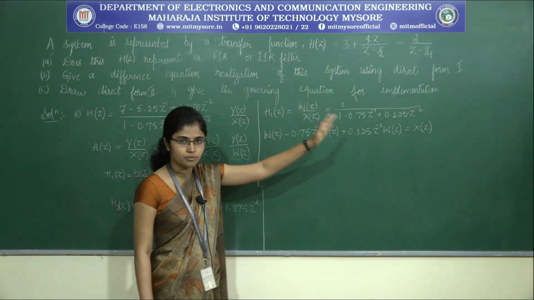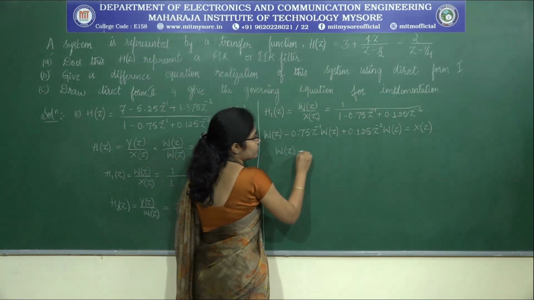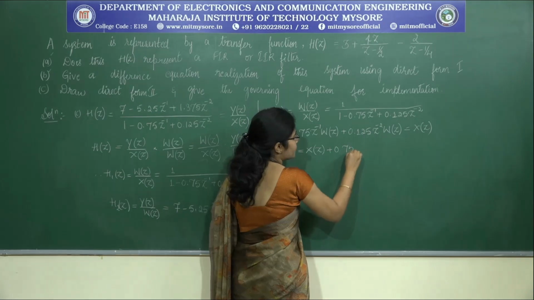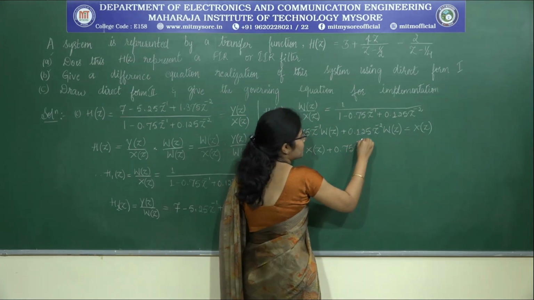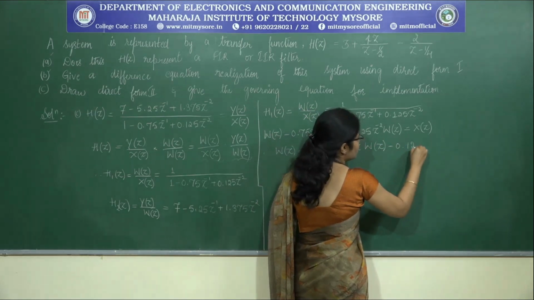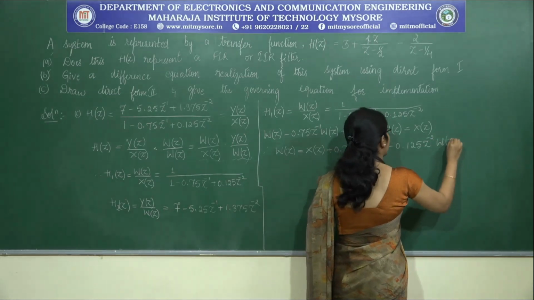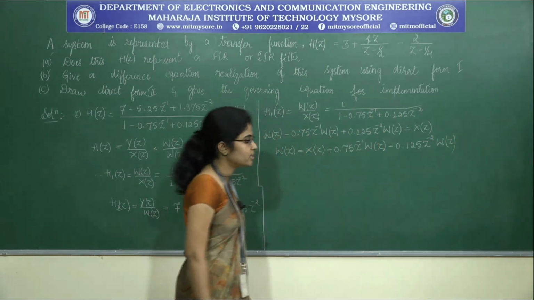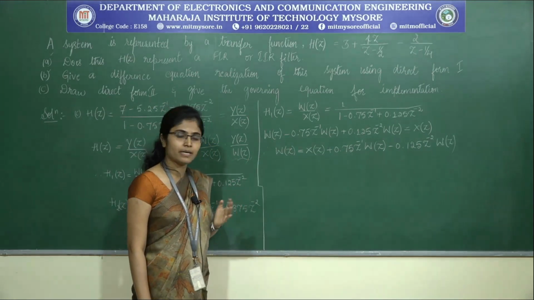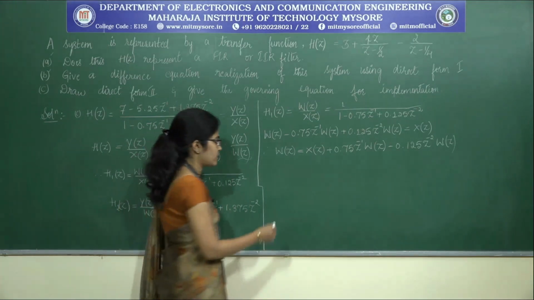Now, I should find out the expression for w of z. So, let us move the rest of the terms to the right hand side. Therefore, w of z will be equal to x of z plus 0.75 into z power minus 1 into w of z minus 0.125 into z power minus 2 into w of z. Clear? Now, we got the expression for w of z. With the help of this, by applying inverse z transform, I can get the expression for w of n.